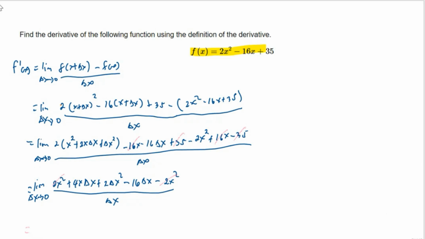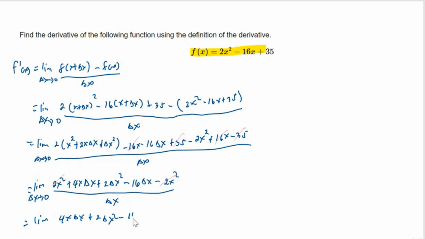So the numerator becomes 4x delta x plus 2 delta x squared minus 16 delta x, all over delta x as delta x approaches 0.